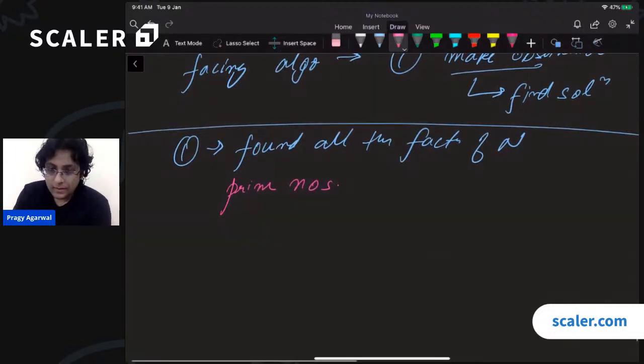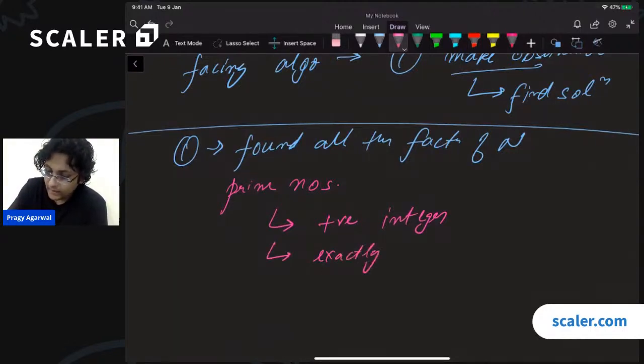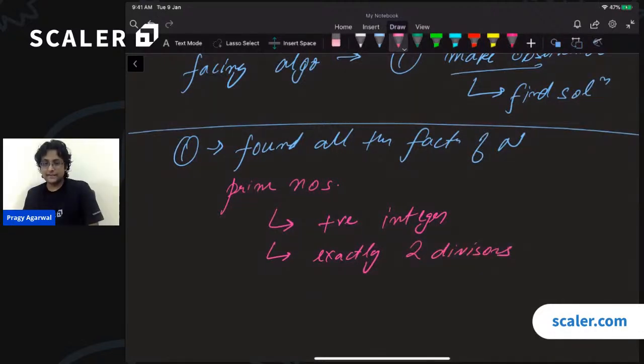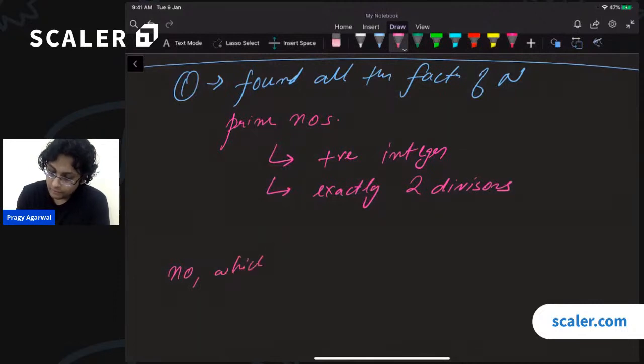A prime number, first of all, has to be a positive integer. Secondly, it must have exactly two divisors. A lot of people think that a prime number is a number which is divisible by 1 and itself.